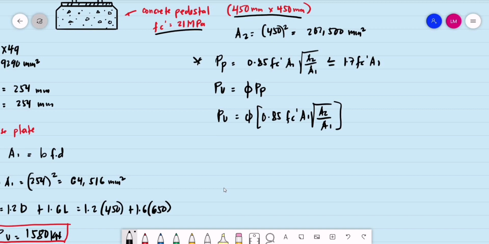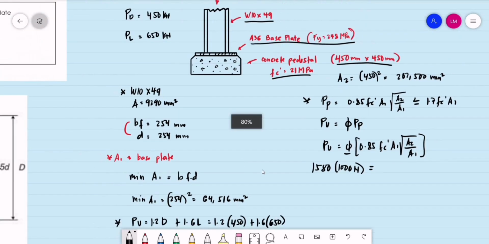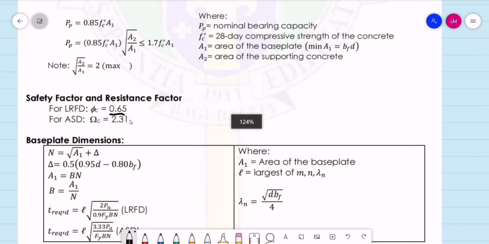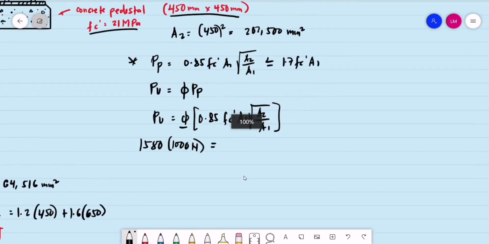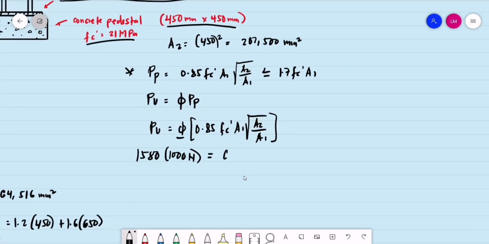This is 1,580 kilonewtons, then multiplied by 1,000 to be in newtons. So again, what is our reduction factor for this bearing stress? If you are to recall from the intro, that is equal to 0.65 for LRFD. So this is 0.65, then multiplied by 0.85 of Fc prime for the concrete is 21, area 1, the square root of 202,500 divided by area 1.